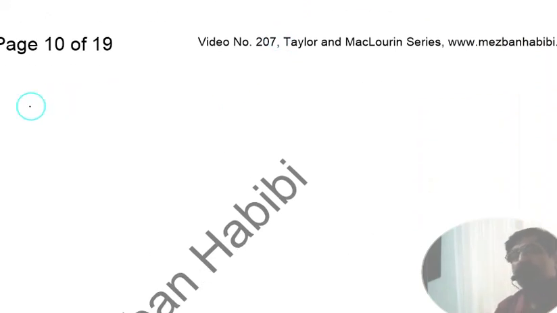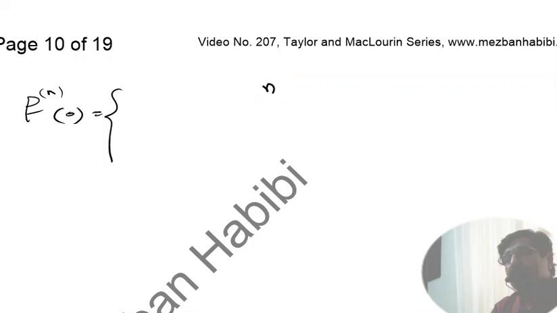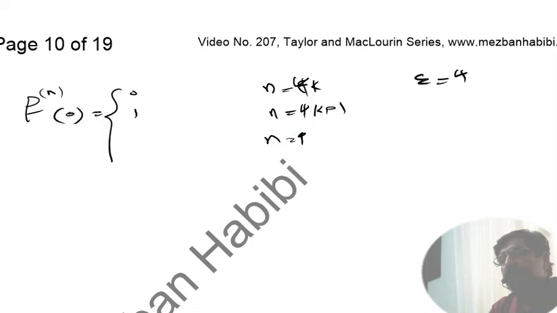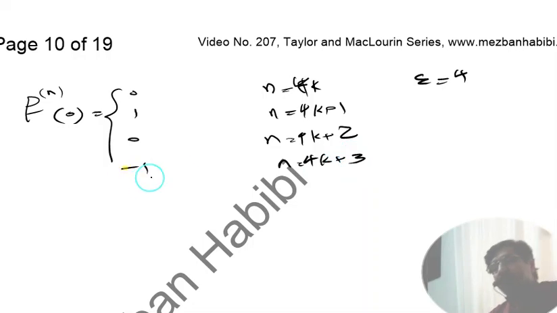So we find the nth derivative of f at 0: for n equals 4k, that is 0; n equals 4k plus 1, that is 1; n equals 4k plus 2, that is 0; n equals 4k plus 3, that is negative 1.